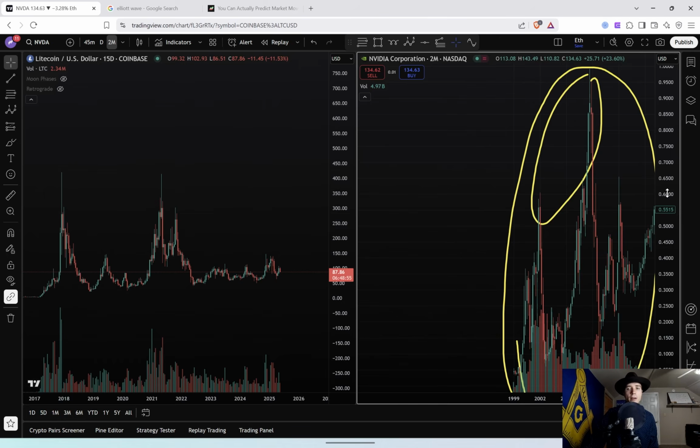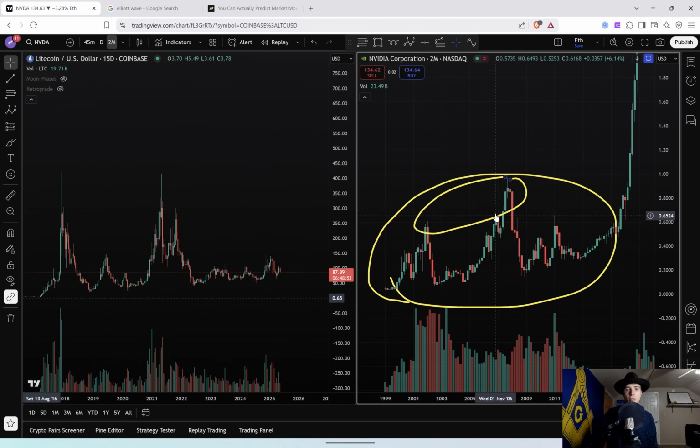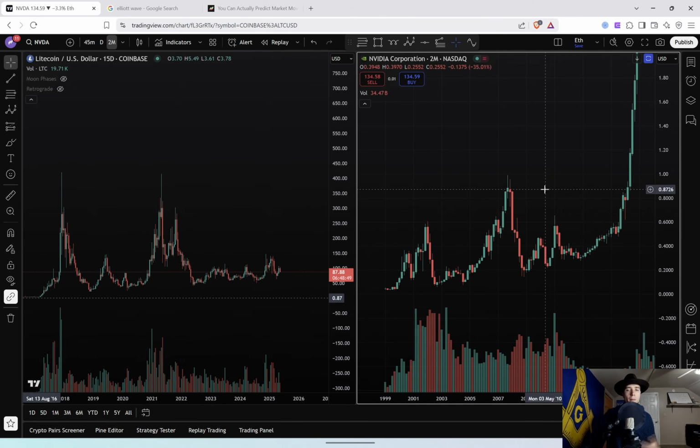And one of my favorite examples of these accumulation patterns is Nvidia. Back in the day, if you look at Nvidia, before it started a big picture bull market and continued making higher highs and higher lows, and really got mass adopted by the public and became something a lot more people use and know about on a regular basis, it did one of these accumulation cycles.